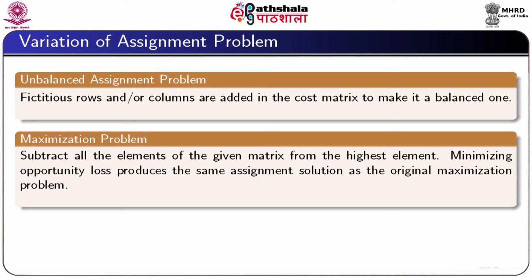Similarly, for a maximization problem, we subtract all the elements of the given matrix from the highest element, and then the given maximization problem can be reduced to a minimization problem, and minimizing opportunity cost produces the same assignment solution as the original one.